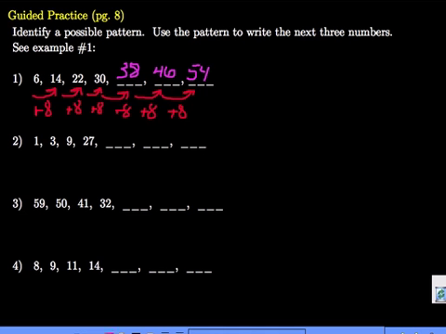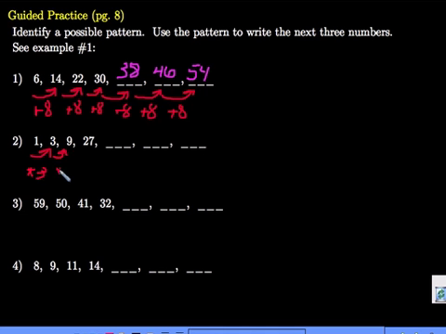For the next one, when I look at it, I begin to say, well, to get from 1 to 3, I add 2. And then from 3 to 9, I would have to add 6, and then 9 to 27. That doesn't make sense. But if I look closely, from 1 to 3, I multiply by 3.